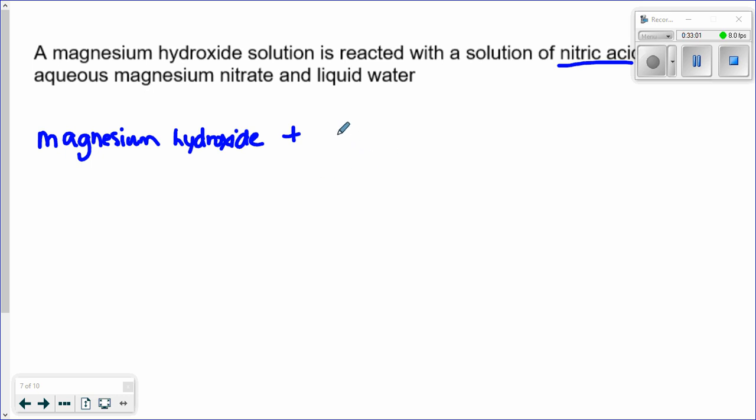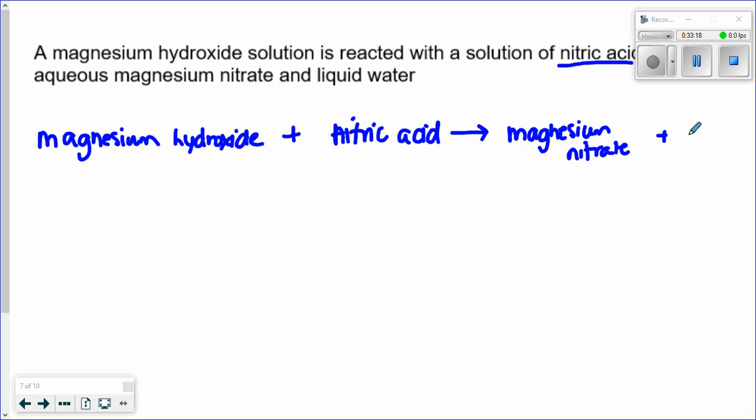So nitric acid, I'm just going to write the words first, to produce magnesium nitrate and water. So again, you don't have to do this step from the sentence. You can be given the sentence. It might be helpful though to draw out all of the steps and make sure you're doing everything right.